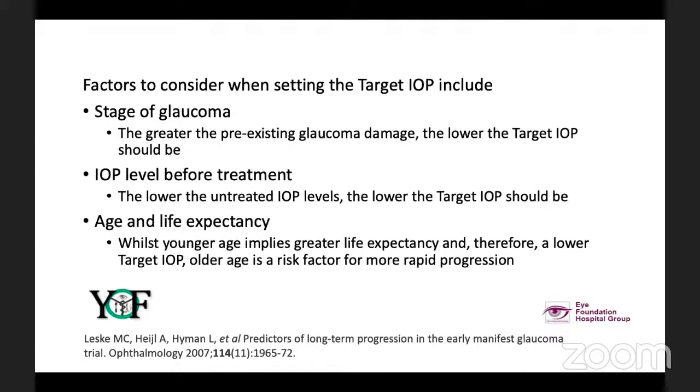The age and life expectancy of the patient: in younger age, greater life expectancy is expected and therefore a lower target intraocular pressure in such an individual. Older age is a risk factor for more rapid progression.